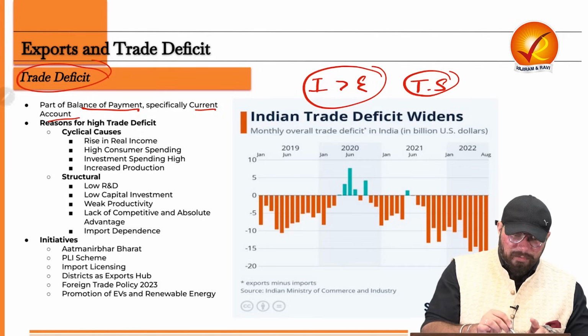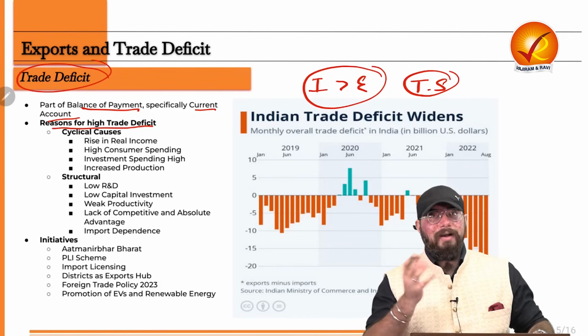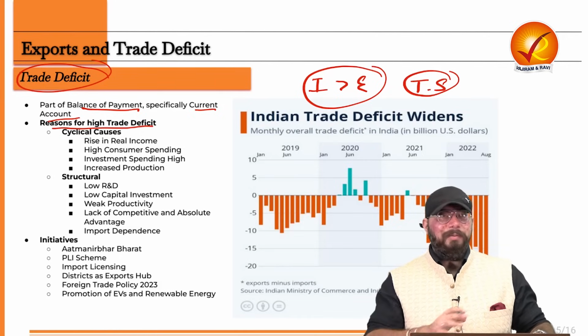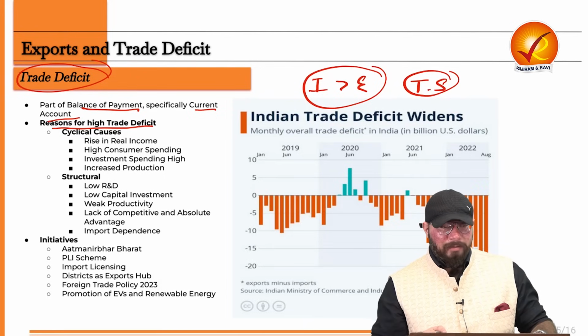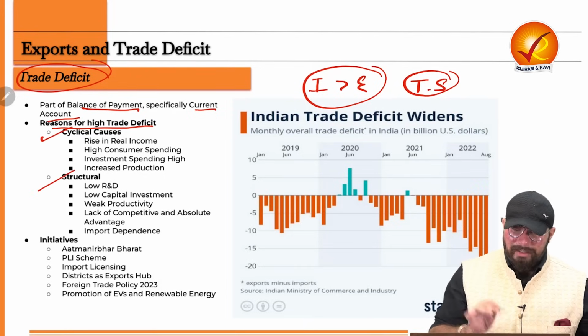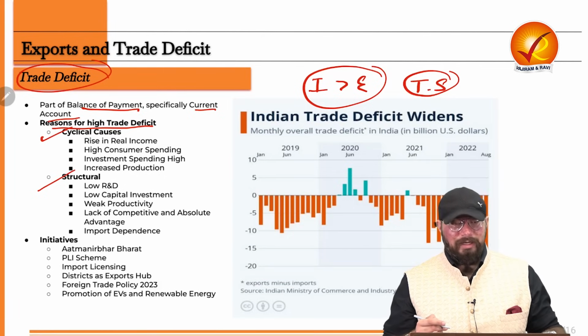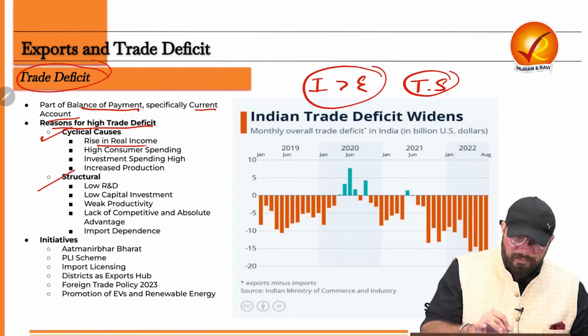Okay, so what we have to understand now is what are the various reasons for this higher trade deficit. Now there can be multifaceted reasons, right? But essentially we are focusing on two. That is your cyclical reasons and structural causes. First of all, let's discuss the cyclical reasons. Rise in real income.